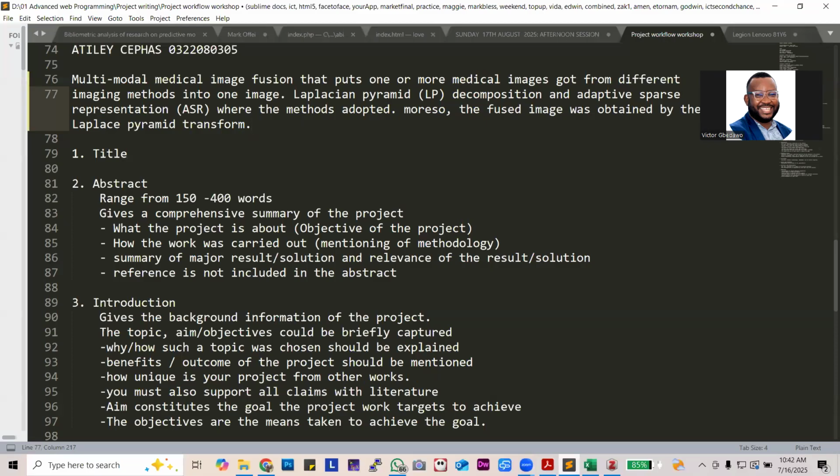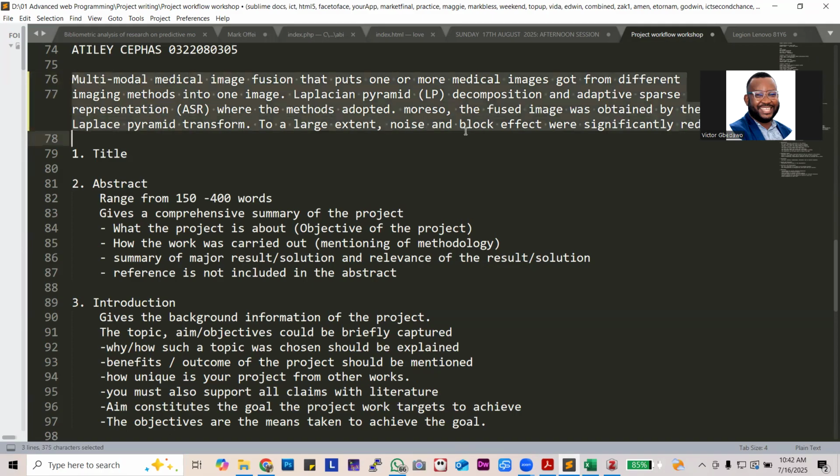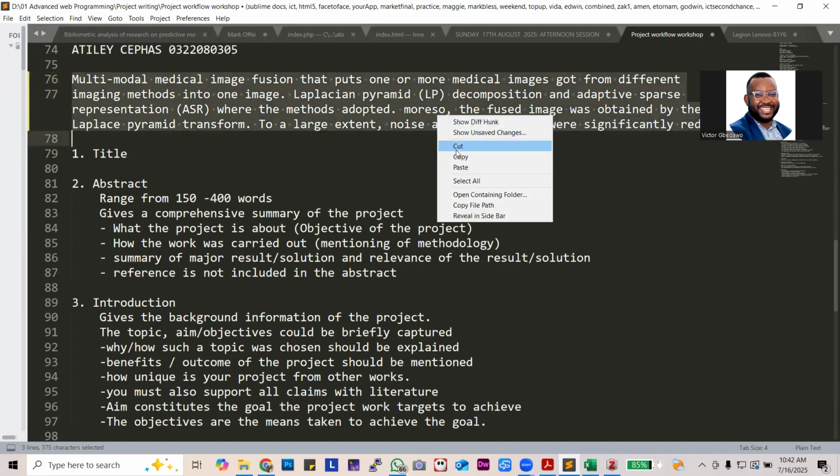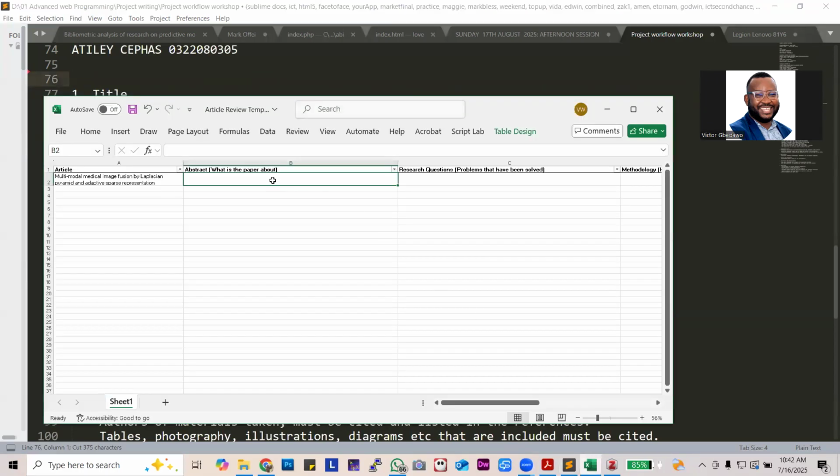So we can say to a large extent, noise and block effects were significantly reduced. So you don't want to quote it word for word. So we can now take this, okay, we'll cut it and then put it in here.